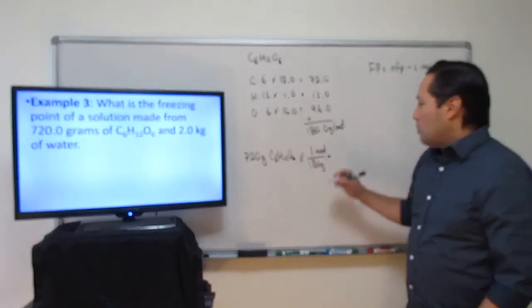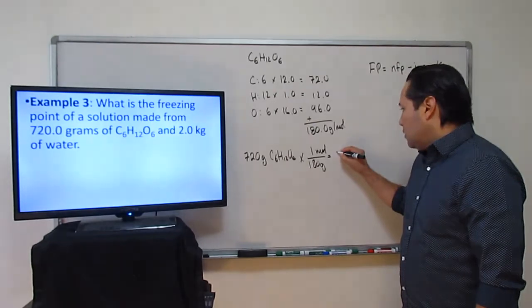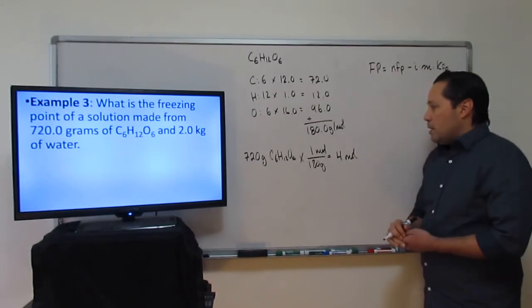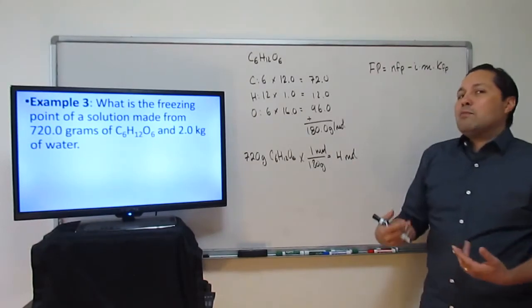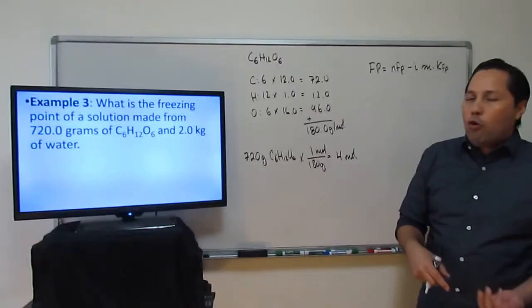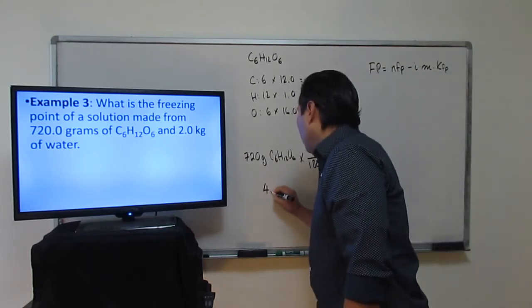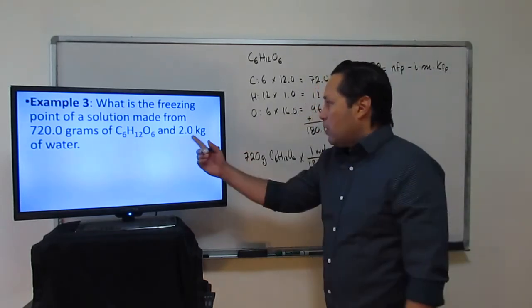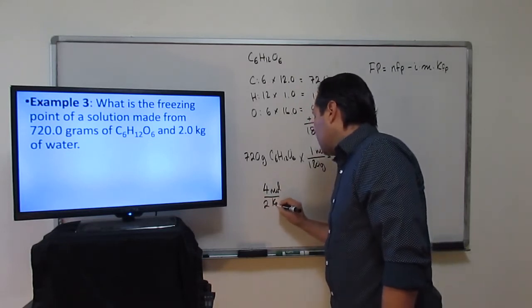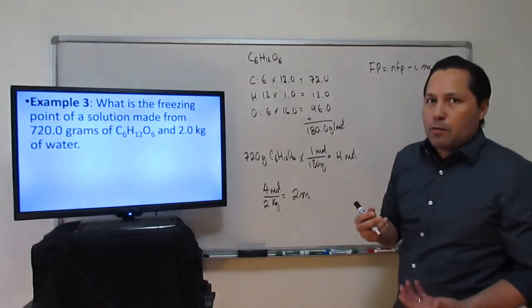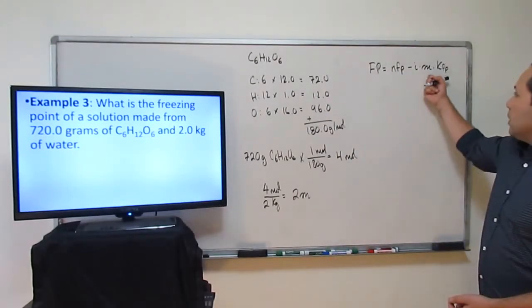So that's going to be 4 moles. Alright. Now we have our 4 moles. I need the molality. Molality is moles over kilograms of solvent. So it's going to be 4 moles over the kilograms. It is 2 kilograms of solvent. So 4 divided by 2 gives you 2 molal. That is our molality. Alright, so we're going to plug it in right there.